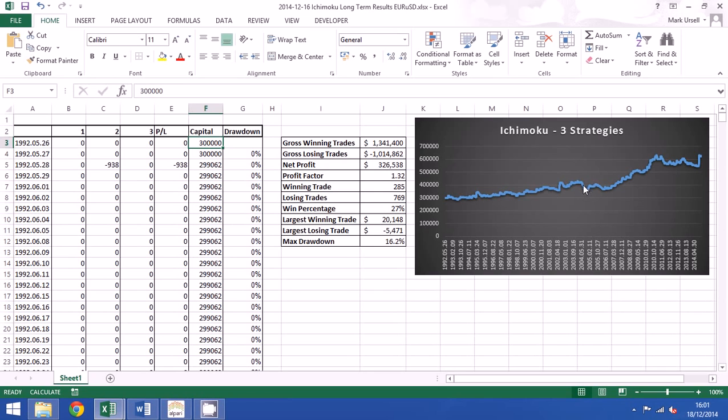Things slowed down and the capital was a lot flatter up until, we can see here, the start of the financial crisis, 2007 into 2008, 9 and 10. The strategy performed very well indeed, and the capital increased significantly over this time period.